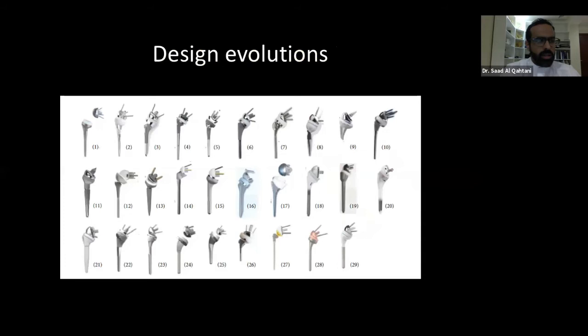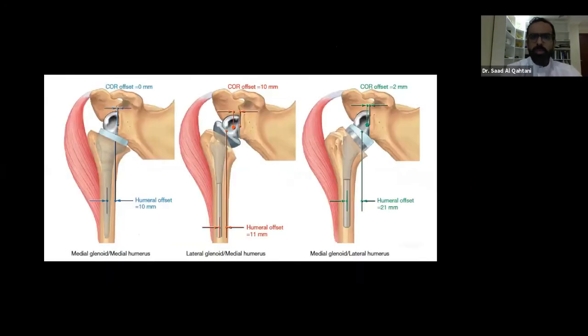Over the years, to overcome some of the complications and difficulties that were noticed with the Grammont implant, there was a lot of design evolution, and currently we have almost 30 commercially available implants, which can be divided into 3 types, and now a 4th was added.